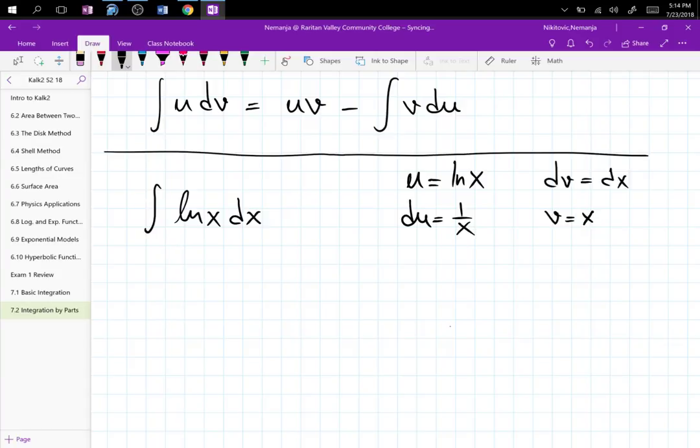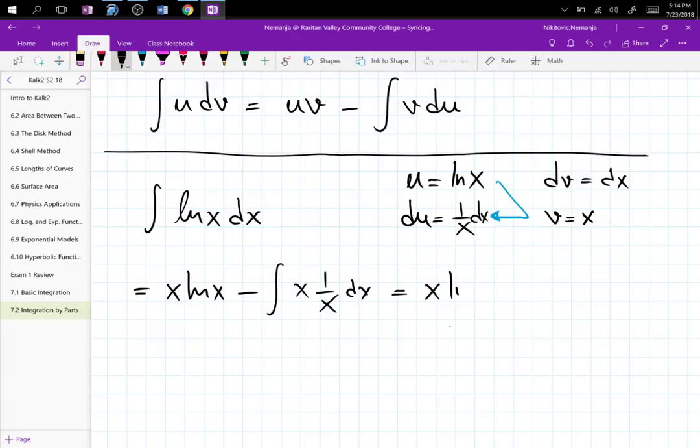When you set it up, it'll be x ln x minus, my fault, integral of x over x, which is 1. Oh, I forgot the dx. Which will be 1, which will be x.